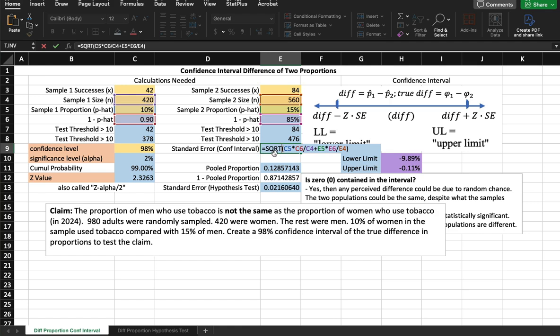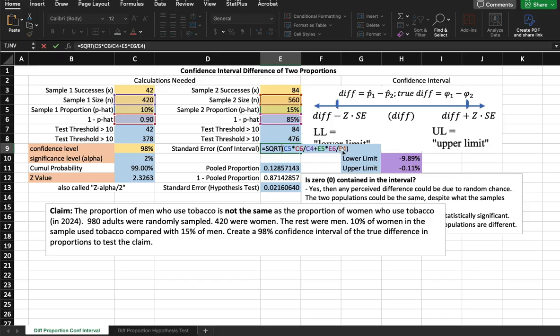So it's equals SQRT parenthesis. And what we need is our variance from each sample that you see here. There's going to be two things that are added. The first thing is C5 times C6 divided by C4. This is all inside the parentheses of the square root.